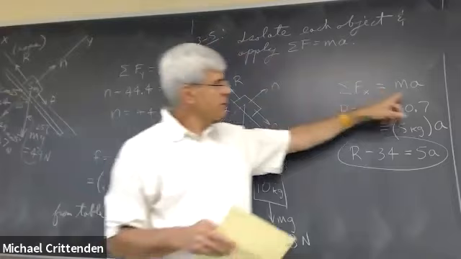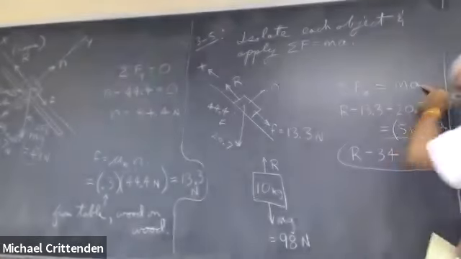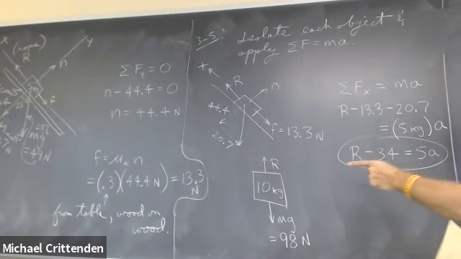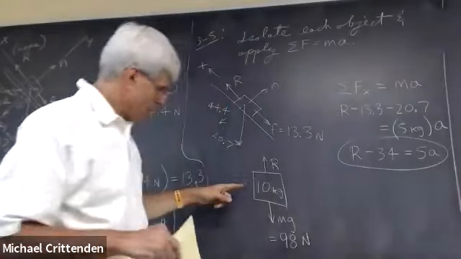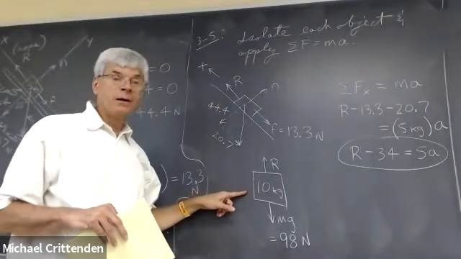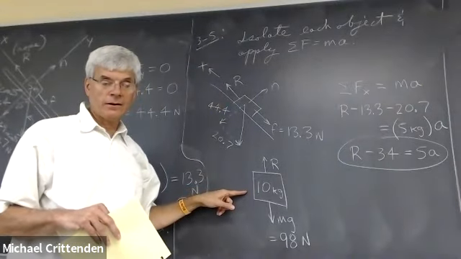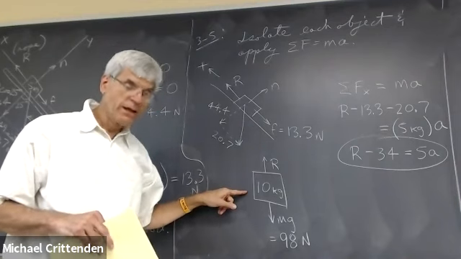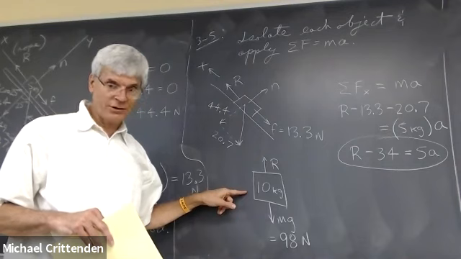So when I wrote this equation, I built into it the assumption that the acceleration is a positive number. If I now write another equation for this, which has built into it the assumption that A is a negative number, now there is a contradiction.